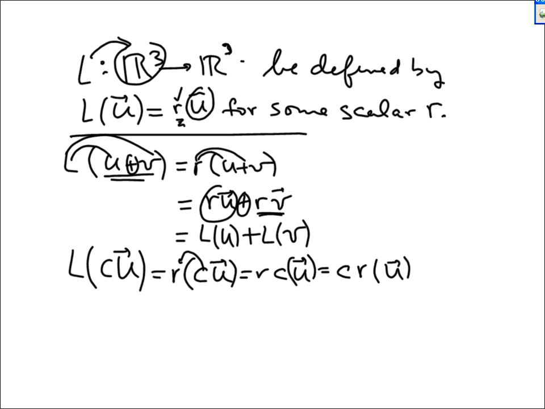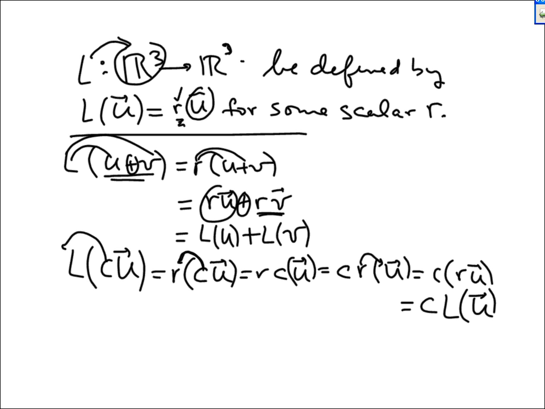Just like you were able to bring the scalar in front, you can put the scalar back in. This is C times RU. Now C is C, and R times U. R times any vector, in this problem at least, is L of the vector. So here you really were able to bring the C out.